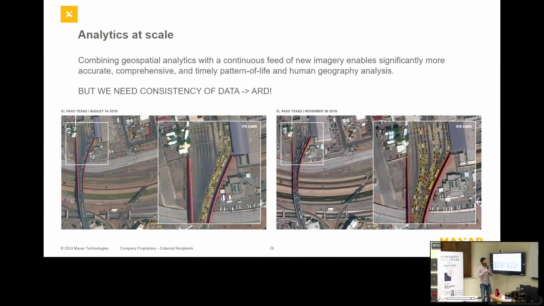So what a lot of people have been doing lately is working on this ARD concept. ARD stands for Analysis Ready Data. Most of the providers, including ESA and NASA, have their version of ARD. The whole community, both government and industry, has been working on many different ARD standards, to the point that we quickly realized that ARD is really, really difficult to achieve.